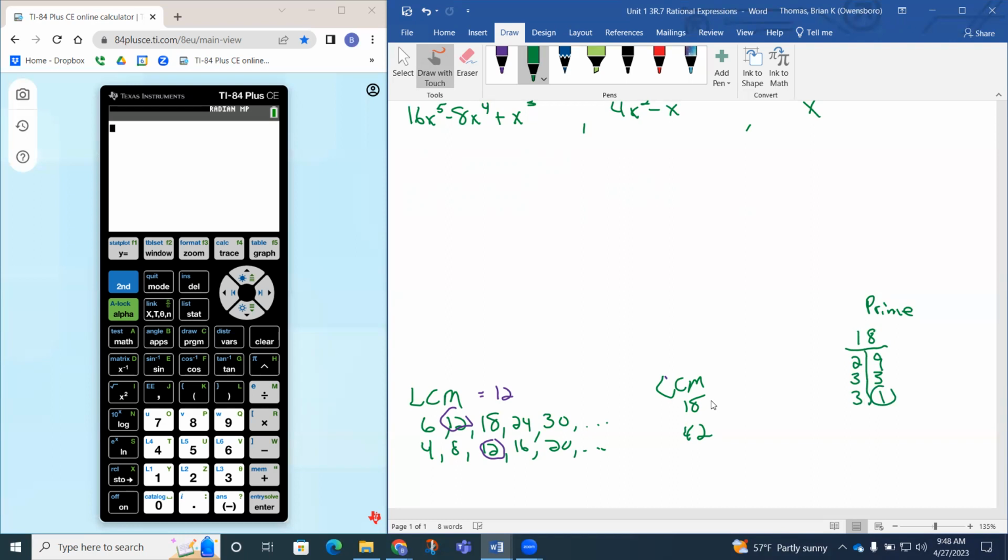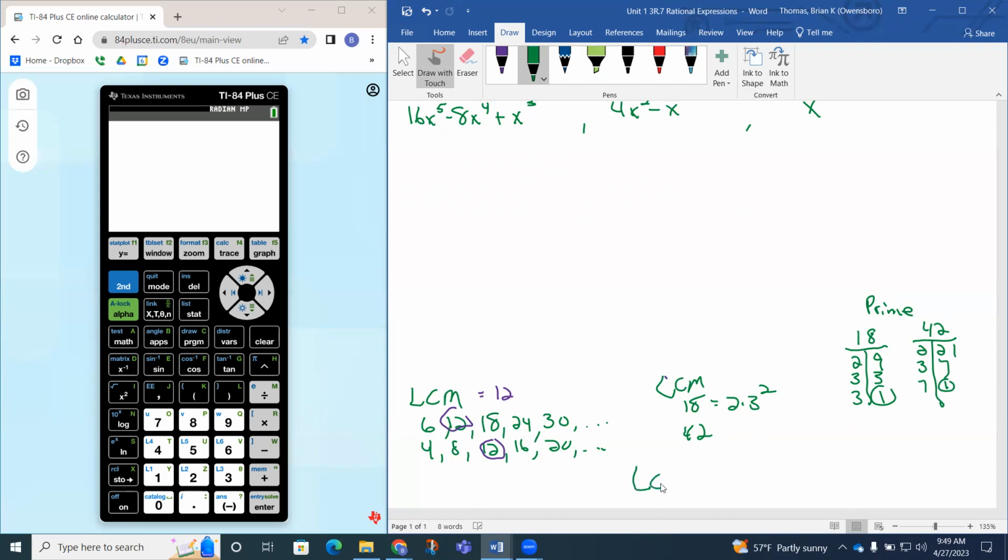So in other words, 18 is the same thing as 2 times 3 squared. If I look at 42, we would have 2 goes into 42 21 times. 3 goes into 21 7. And 7 goes into 7 1 time. So notice that 2 times 3 times 7 would be that.